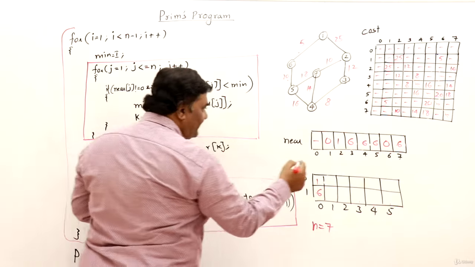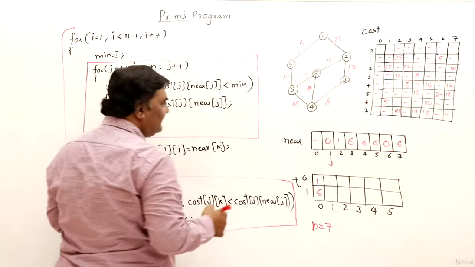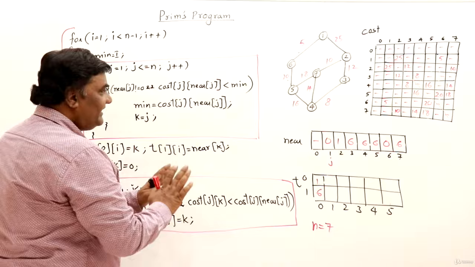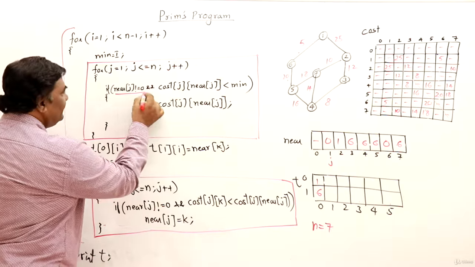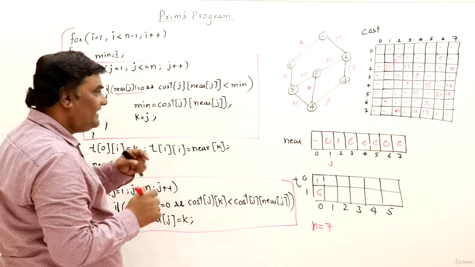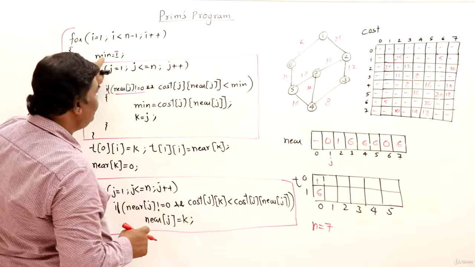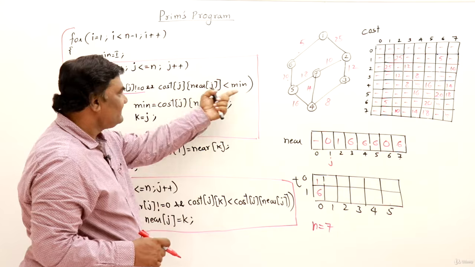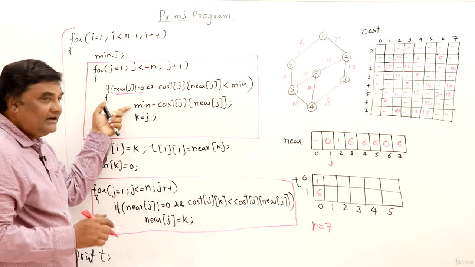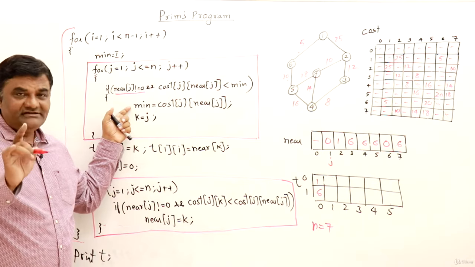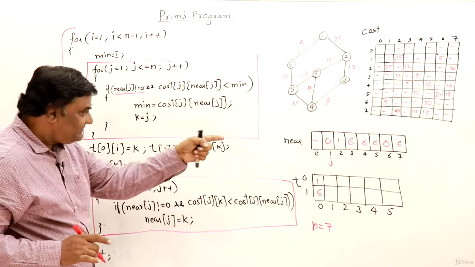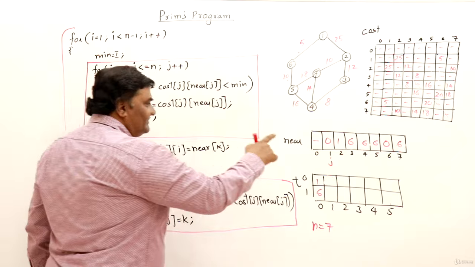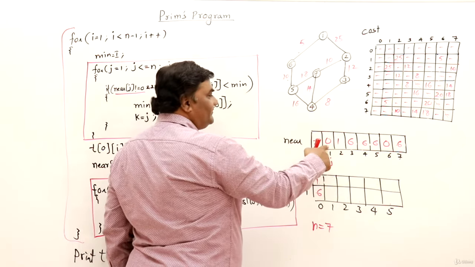So j is starting from index 1 onwards. Now it will take only those which are not 0. So this is the condition, not 0. And it has to find the minimum. So with this minimum variable, we'll compare every time. If the cost is less than minimum, we will change the minimum. And also we will record which one is giving us the minimum value, k. So I'll trace this and show you there. See, j is 1. This is near of j.